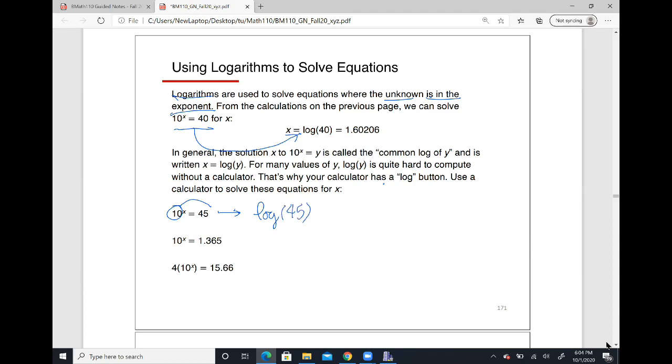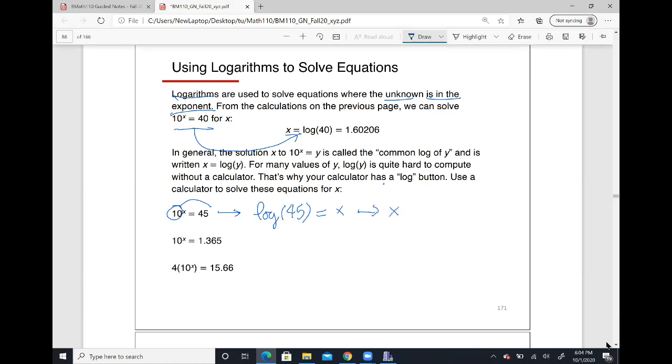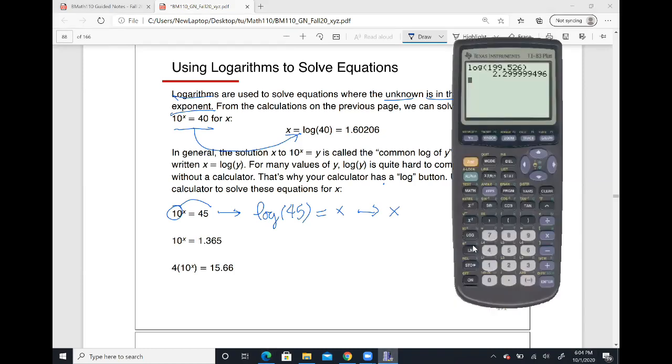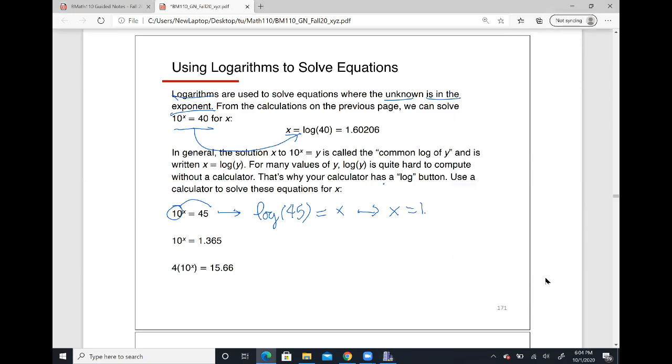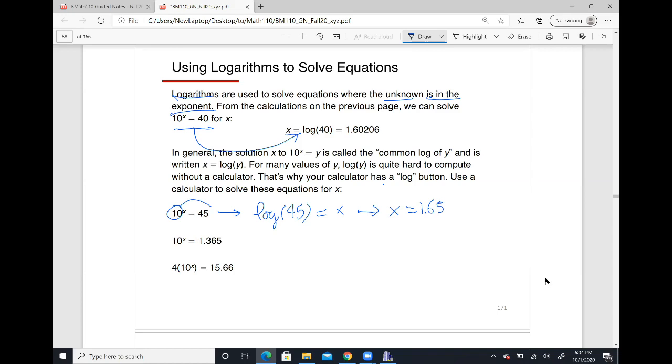Now equal to what? The exponent x. See, easy. You're going to have x equal to, using a calculator, log 45 equal to 1.65. So that's just right, 1.65. I don't want to have too many numbers.